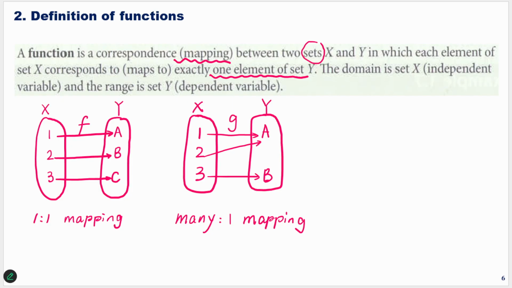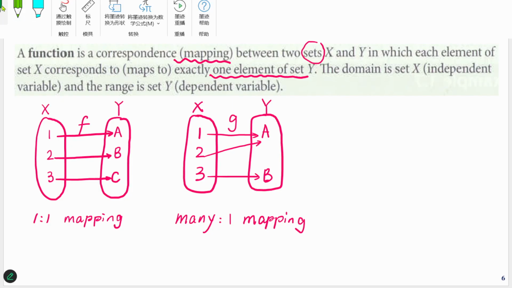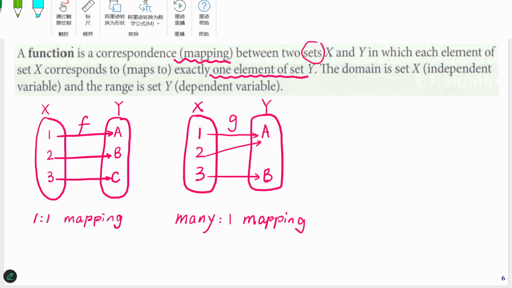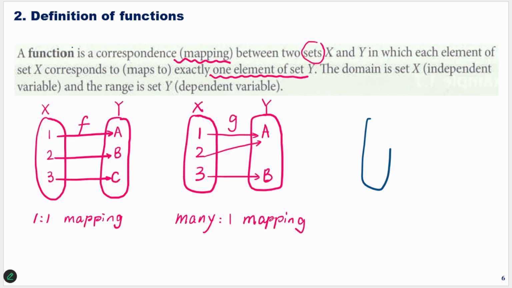Okay, so let me give you another example. So this time, it is your turn to check whether the given relation is a function or not. So suppose we have 2 sets. Okay, let's use another color here. We have a set x, another set y.